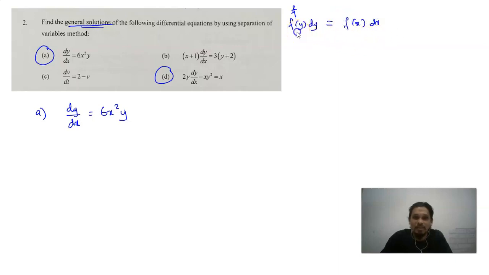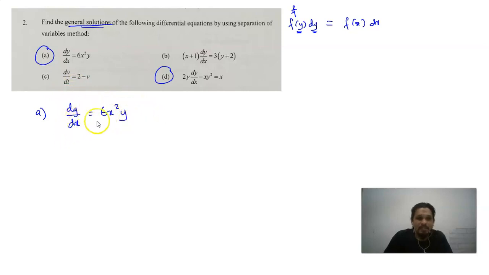We separate the variables with respect to the variable itself, y and dy here, and x and dx here. I define the left side as a function of y, and the other side is a function of x.